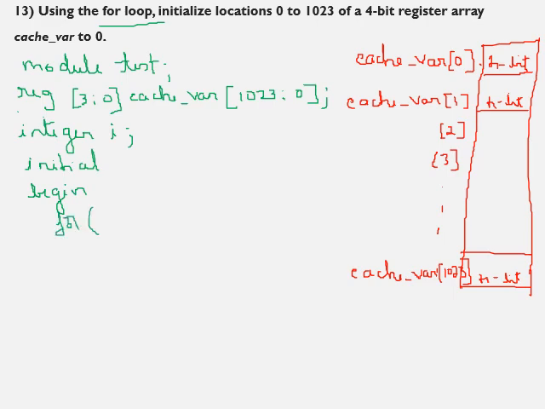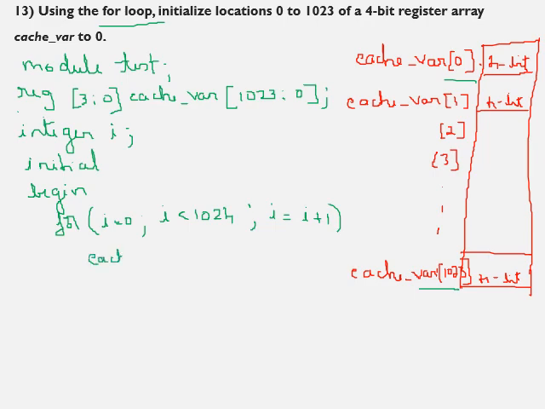A for loop has three arguments. First is the initialization: initialize the counter variable to 0. The final condition is i less than 1024. So it goes from 0 to 1023, and when it becomes 1024, it will come out of the loop. The increment argument is i equal to i plus 1.